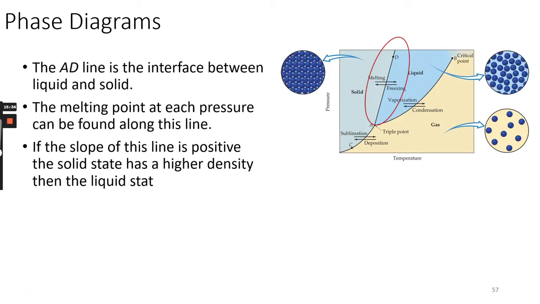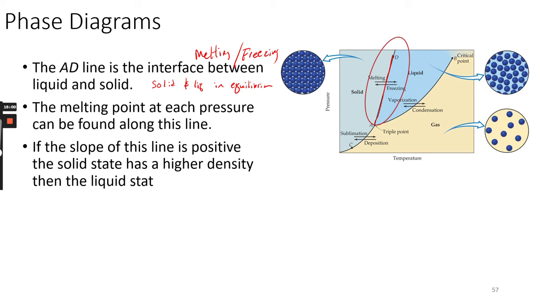Let's look at the next line, AD. In AD, you have solid and liquid in equilibrium. So this is melting or freezing along that line.